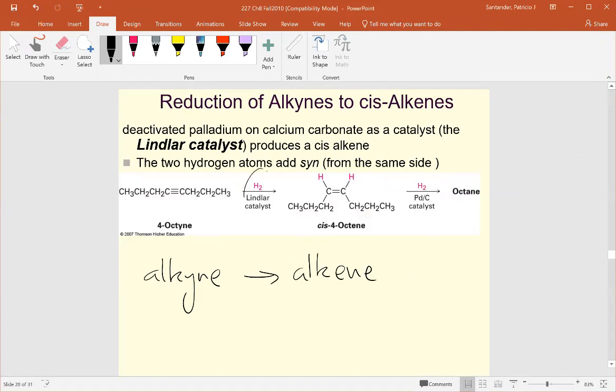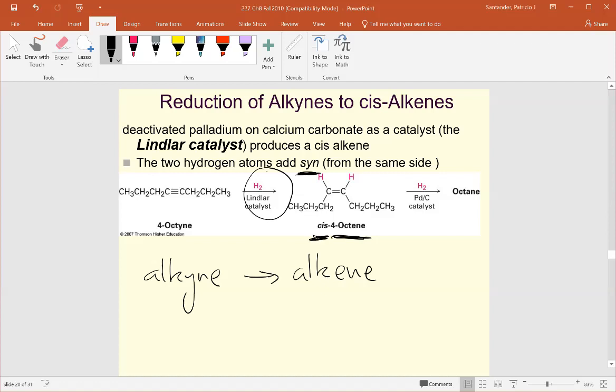Even if you have excess of hydrogen, the reaction will not proceed any farther than the alkene, and the reaction will stay there in the alkene. And the stereochemistry of the reaction is very well defined. It proceeds with syn stereochemistry. That means that the delivery of the two hydrogen atoms takes place from the same side of the molecule. And that's why you get the cis alkene.